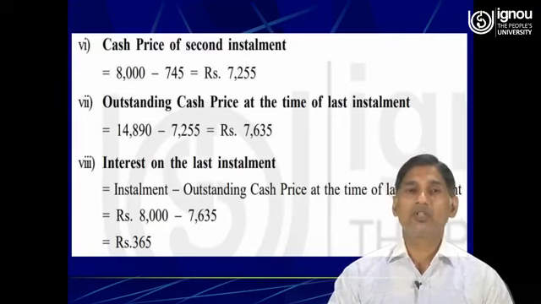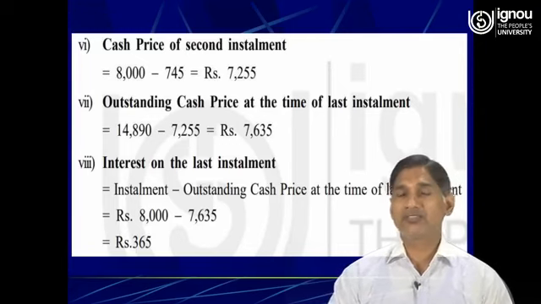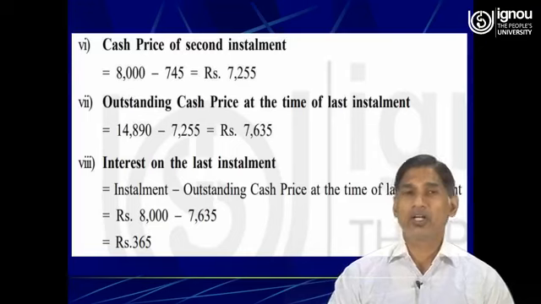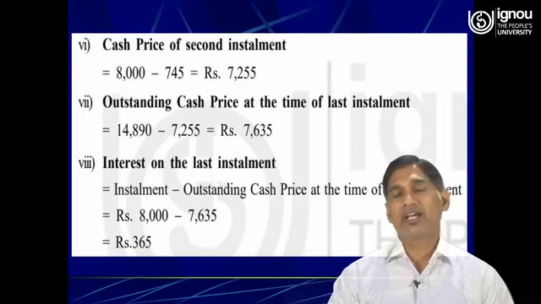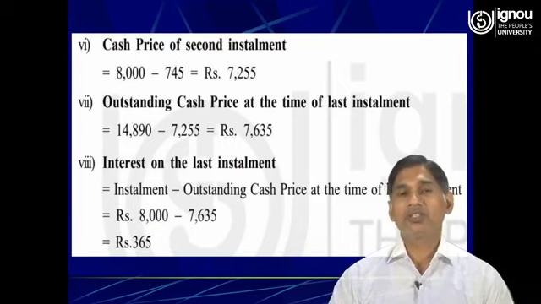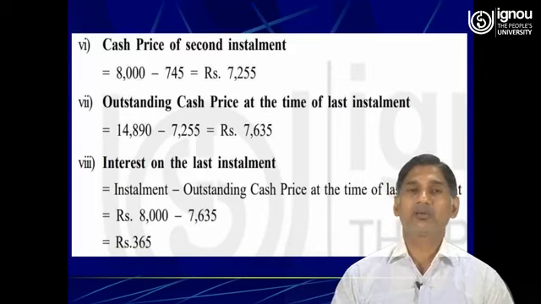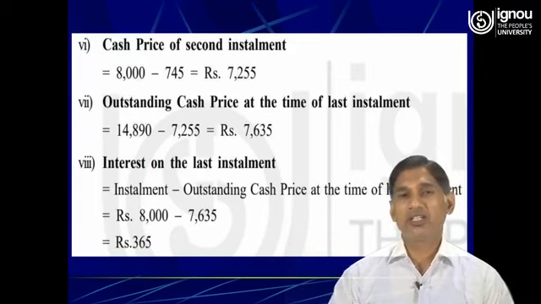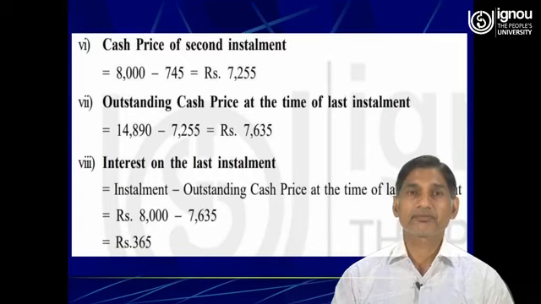So this is how the amount of interest is calculated. The total interest is the total hire purchase price minus the cash price of the product. And if we have to calculate the amount of interest included in each installment, this is how we can calculate it.